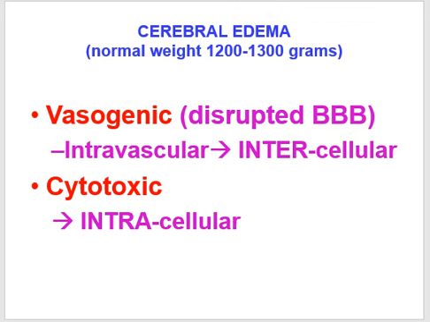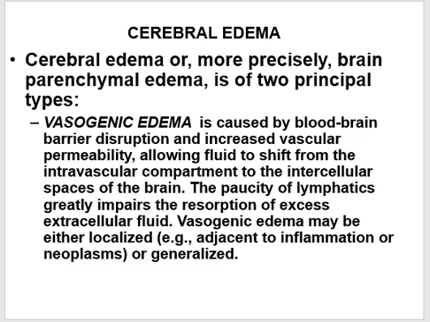The weight of the brain is important because an edematous brain will be heavier, and that is how you can identify that the brain is edematous. Brain edema may be vasogenic, due to a disrupted blood-brain barrier, or cytotoxic, which is intracellular.